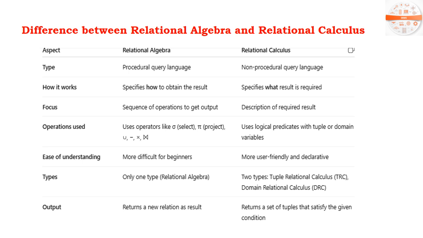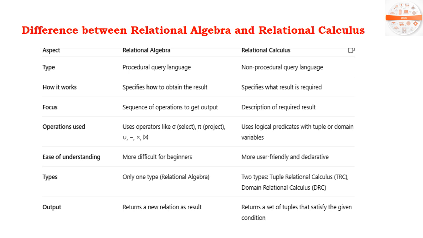The next parameter, ease of understanding. Relational algebra is more difficult for beginners, but relational calculus is more user friendly and declarative. The next parameter, types. In relational algebra, only one type. In relational calculus, two types: tuple relational calculus and domain relational calculus.